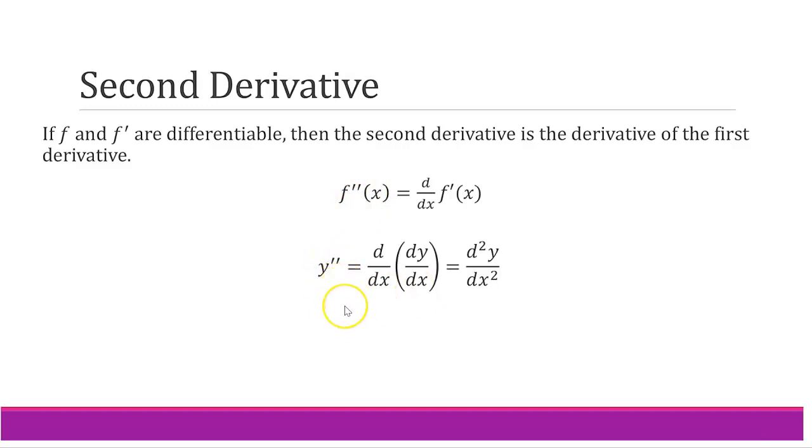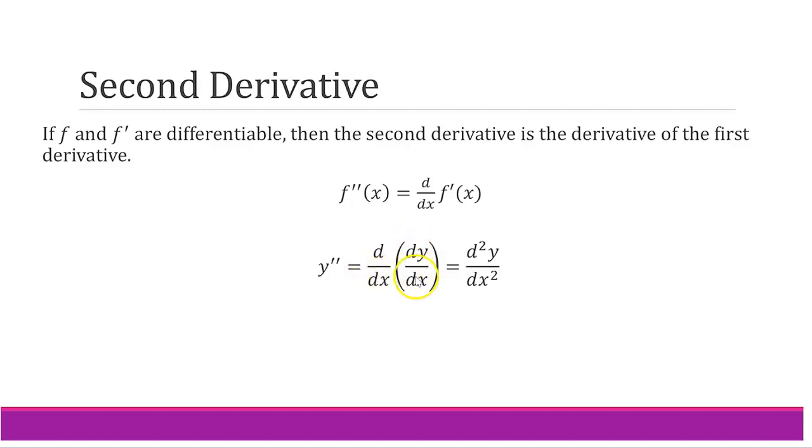And we're going to go ahead and look closely at the Leibniz notation for second derivatives. So here we have the derivative with respect to x of dy dx. dy dx is f prime of x. So remember, f prime of x is the first derivative. dy dx is the first derivative. It's the derivative of y with respect to x. But there's an extra d dx in front because this is the operator that says do it again. Take the derivative of the first derivative.